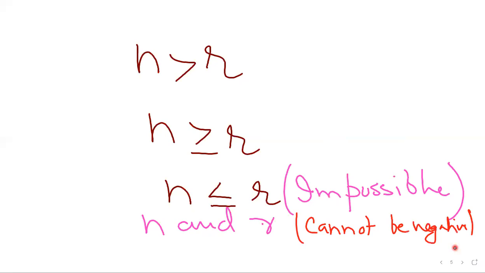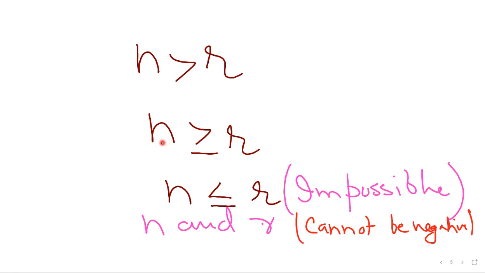Now, there are some possibilities. n will always be greater than r. It means that in the example I have given you, the strength is 20 and I'm selecting 5. Yes, it's true for it.